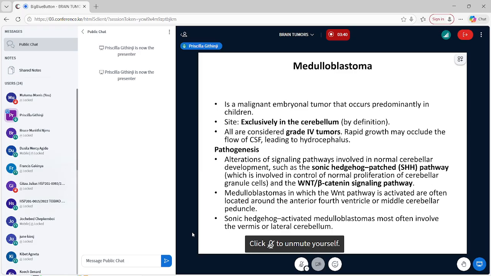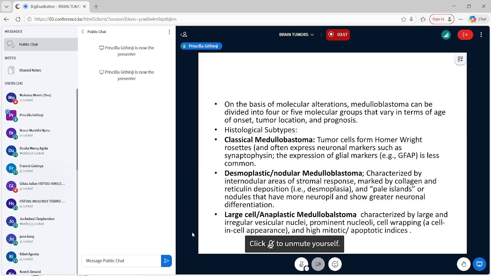So on the basis of molecular alterations, your medulloblastomas can be divided into 4 or 5 molecular groups that vary in terms of age of onset, tumor location, and prognosis. They'll be found in the cerebellum, but in different parts of the cerebellum, they will occur at different age groups, and each one of them will confer a different prognosis.